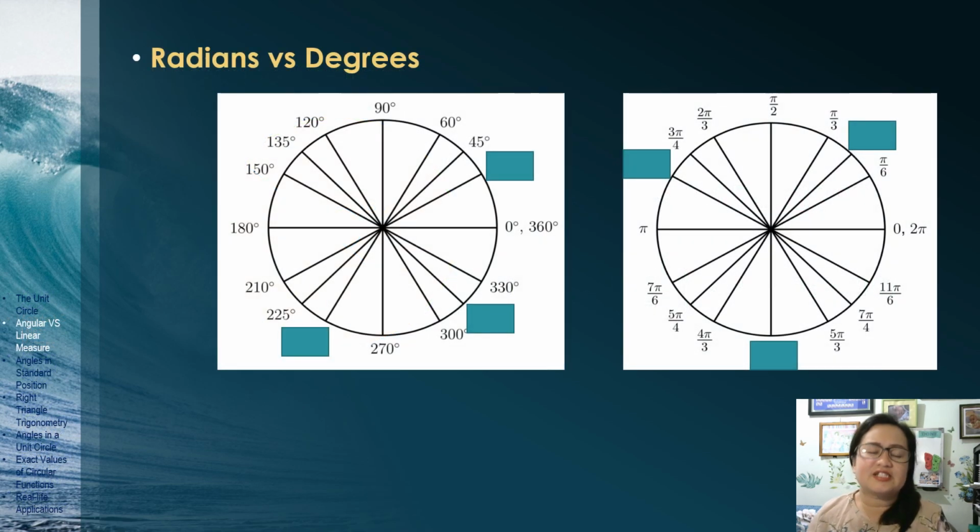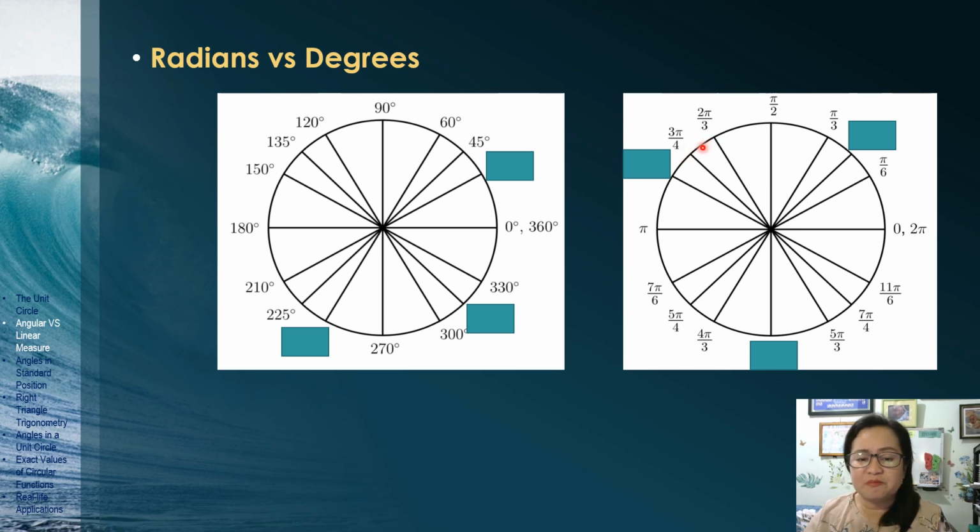Now let's try to convert measures from radian to degrees and vice versa. Now take a look at these two circles, and we have some missing angles. On the first circle, the measure is given in degree measure, while on the second circle, the angles are given in pi radian.